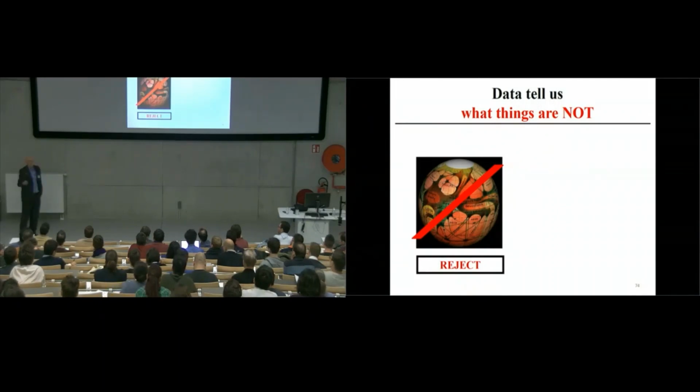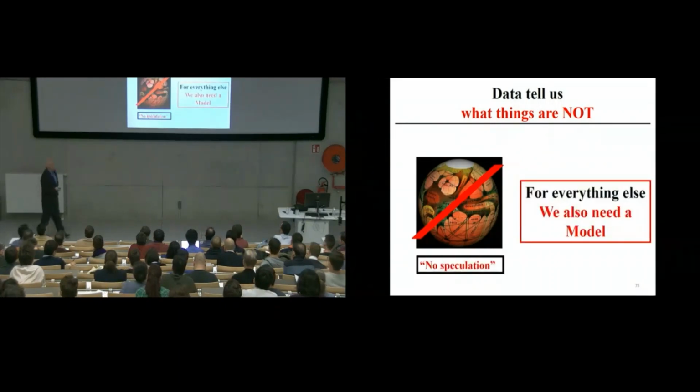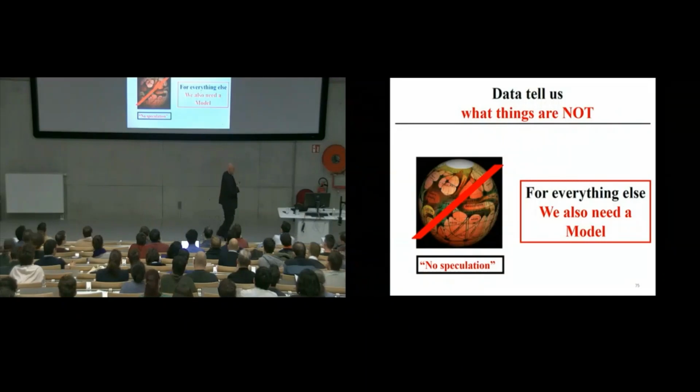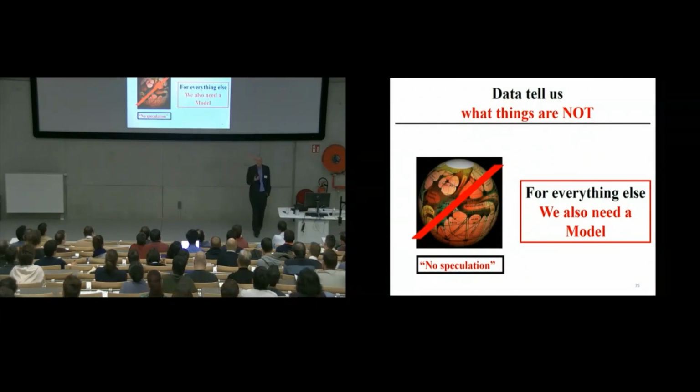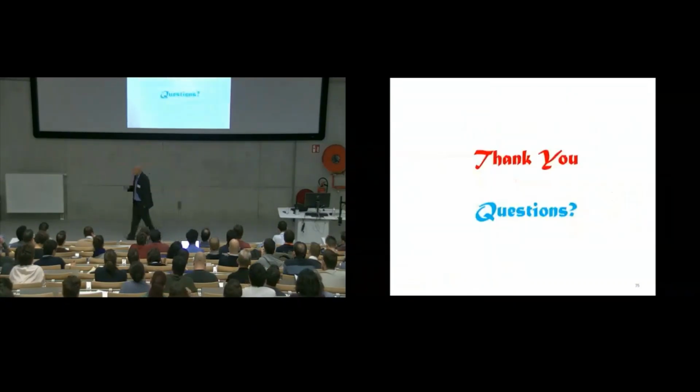For everything else, to understand things, to be able to move forward to the next problem, you need a model. And what I have been trying to tell you through all this hour is that data is very important, data analysis is very important, but you need a model. You cannot forget the model. Keep going through the model. Don't forget that. And then now I can say thank you.